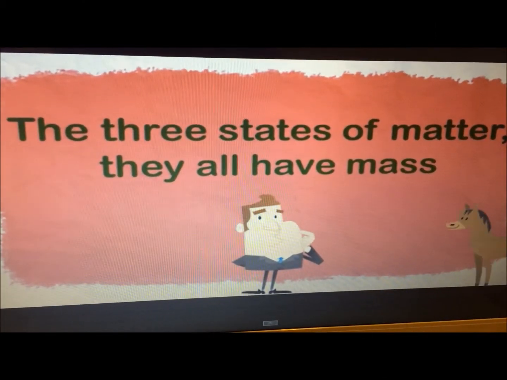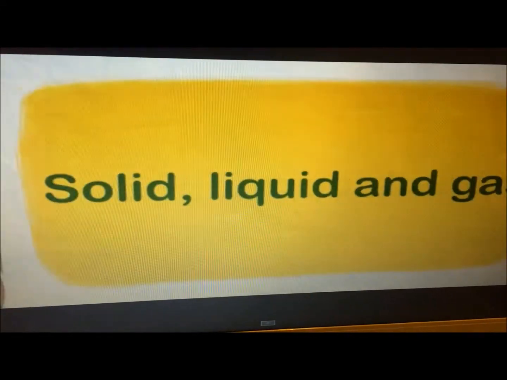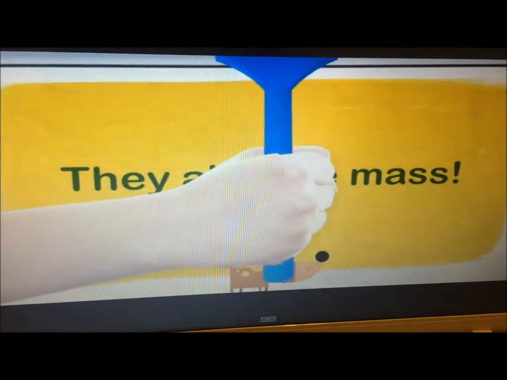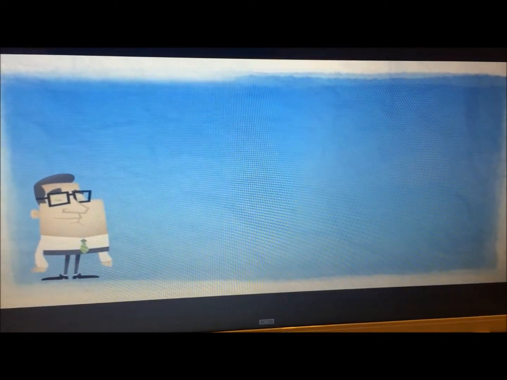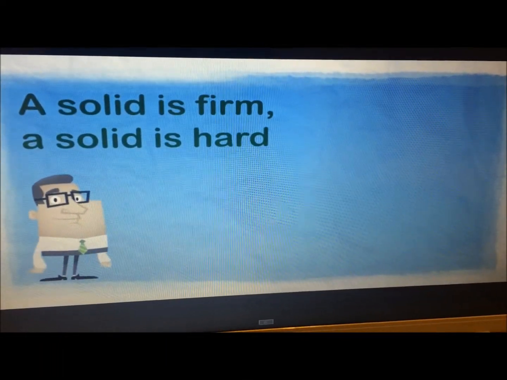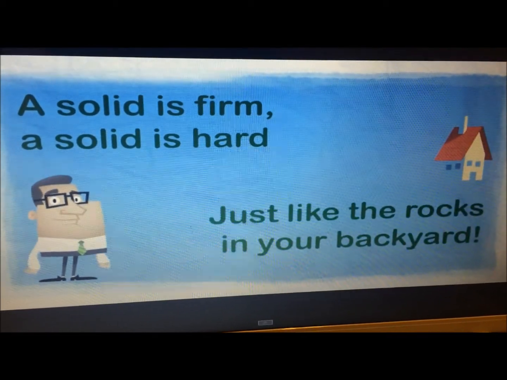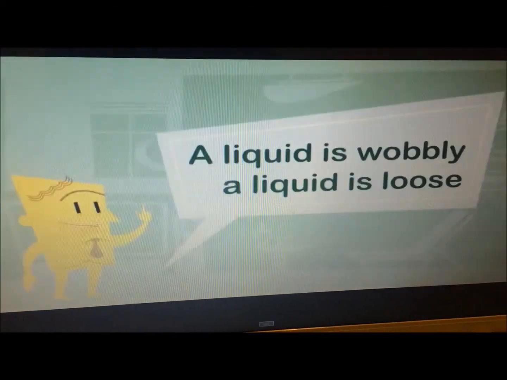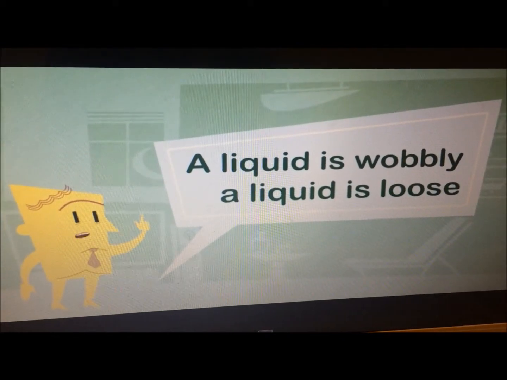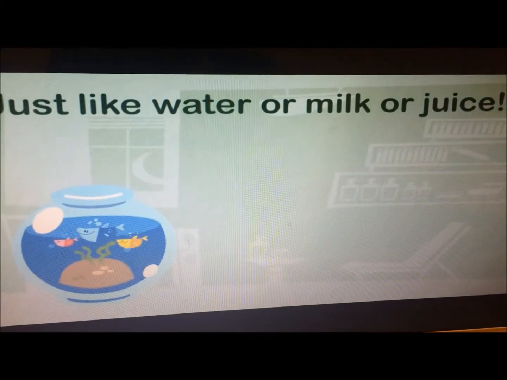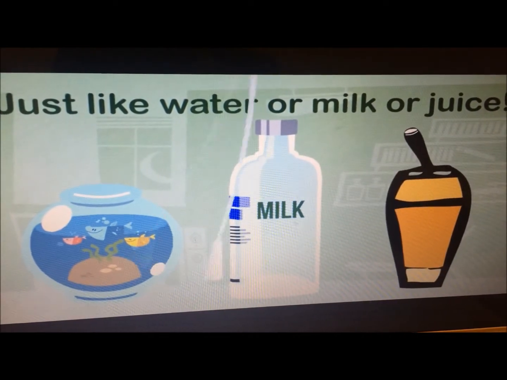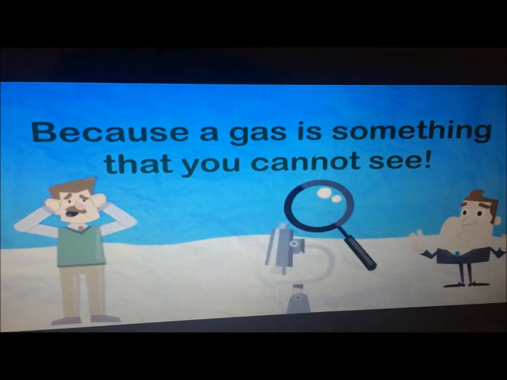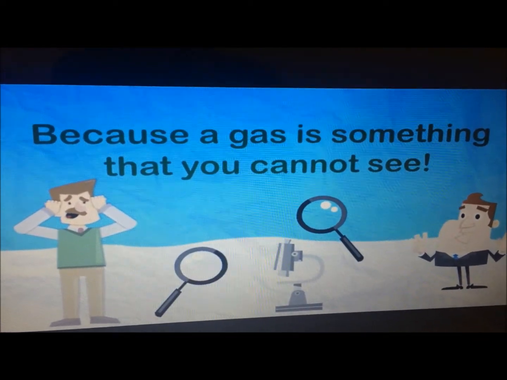States of matter, they all have mass. Solid, liquid, and gas, they all have mass. A solid is firm, a solid is hard, just like the rocks in your backyard. A liquid is wobbly, a liquid is loose, just like water or milk or juice. A gas is the trickiest one to be, because a gas is something that you cannot see.